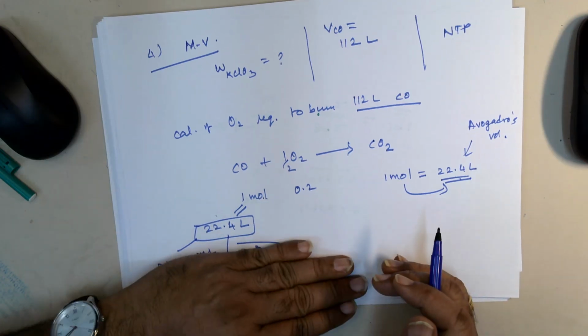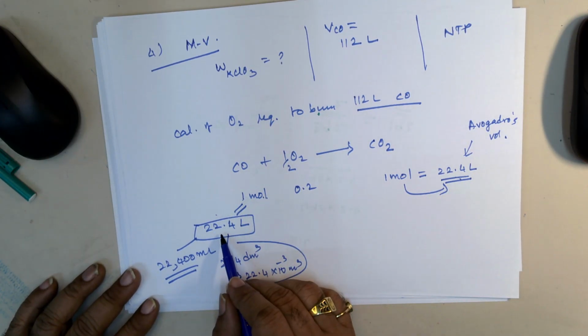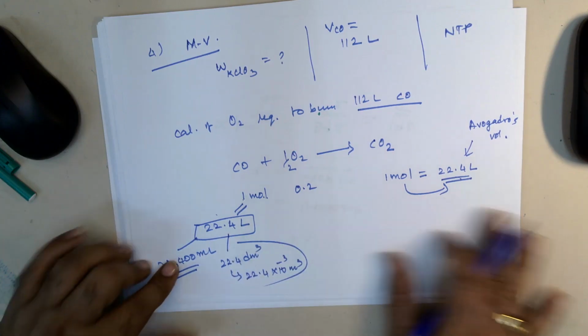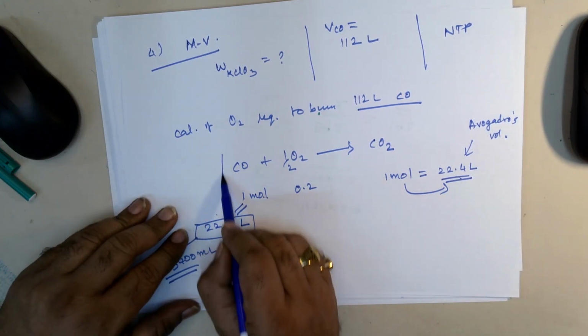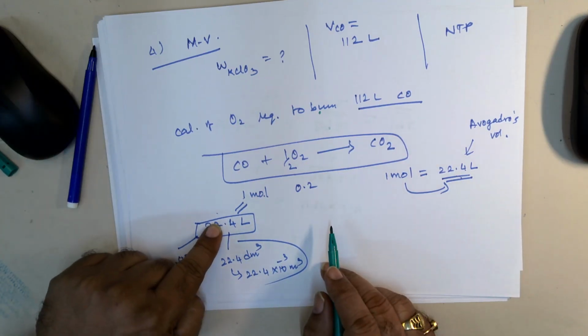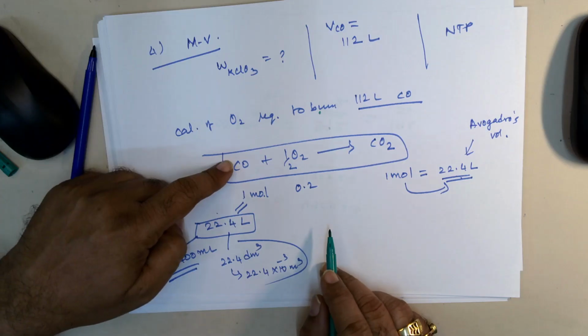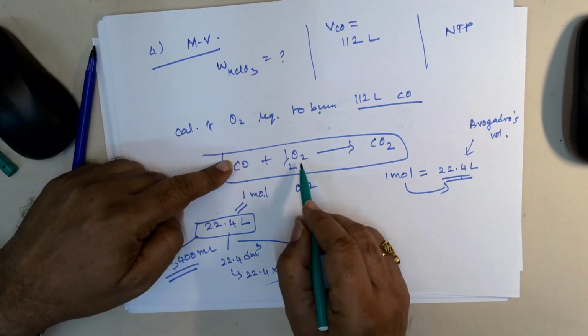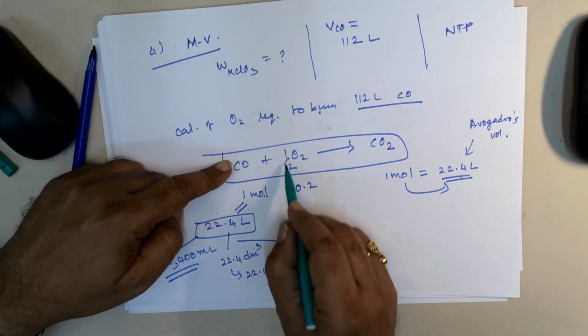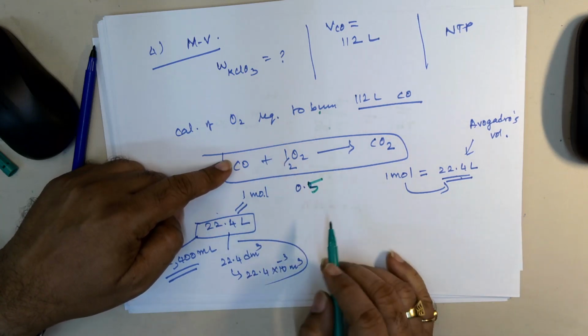Now let me confine to liters. So 1 mole is equal to what? 22.4 liters. Let us now consider this equation carefully. You have to follow. 22.4 liters of carbon monoxide requires how much oxygen? 1 by 2 means 0.5 mole.